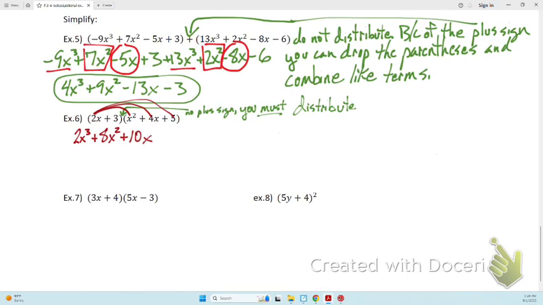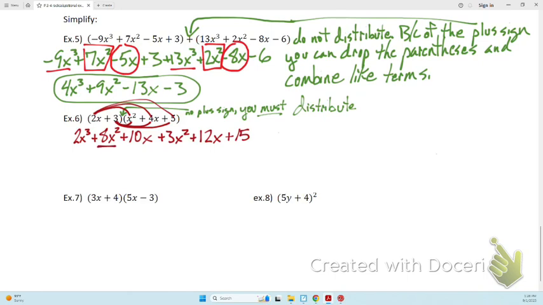Now I need to distribute the 3 times that, times that, times that. We get 3x squared plus 12x plus 15. Now add your like terms.